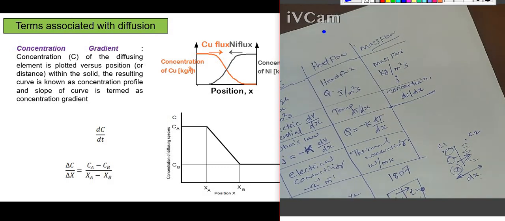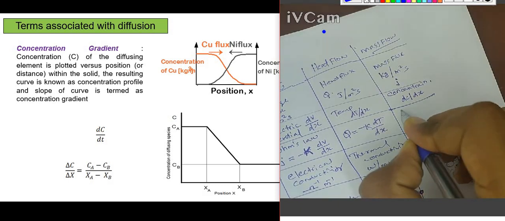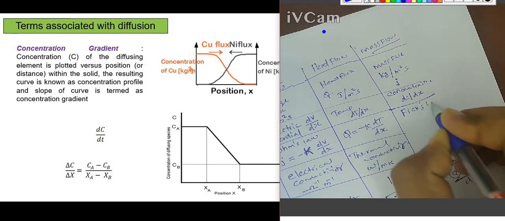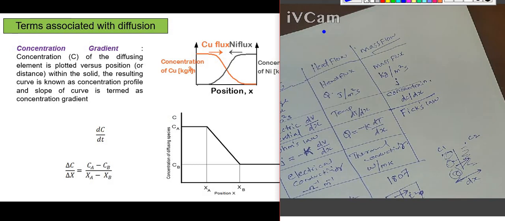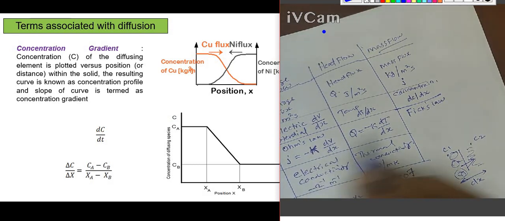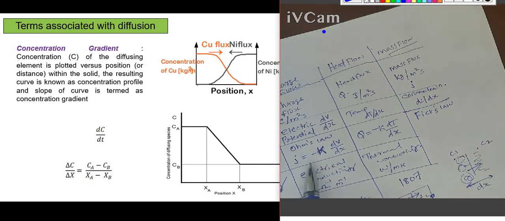And what is the driving law for this mass flow? Here the important law of diffusion is Fick's law. What is Fick's law? All the laws are similar: the flux is equal to some constant into the gradient.